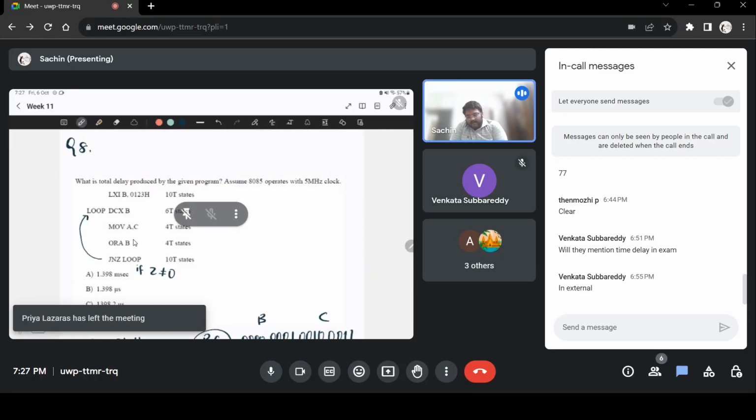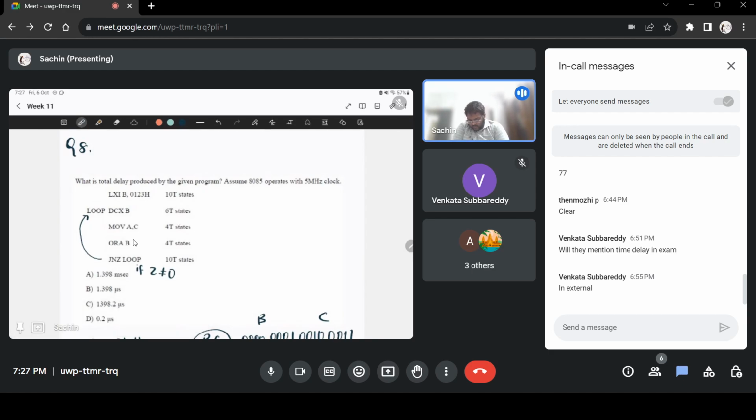The loop is DCX B, MOV A C, ORA B. So we have to count how many times those instructions happen. Let's say they happen n times. So the total number of T states will be, for the initial instruction, 10 T states, plus n times the loop.